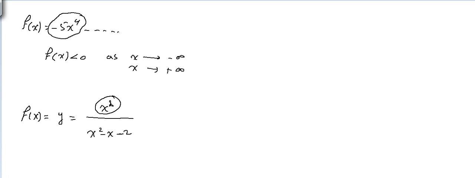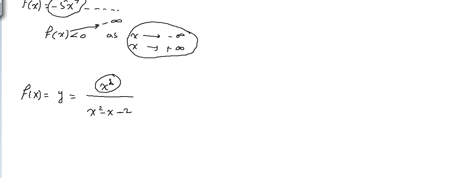That's true, it's negative, but the question was asking about the behavior of the function. The f of x tends to negative infinity as x approaches minus infinity or plus infinity. Just a little remark I'd like to mention.